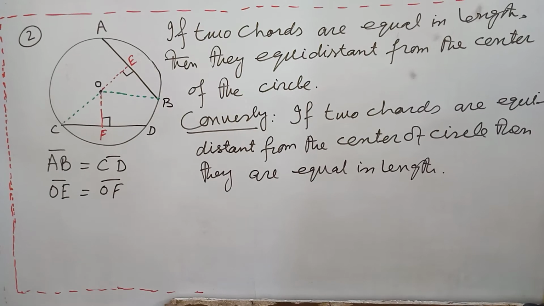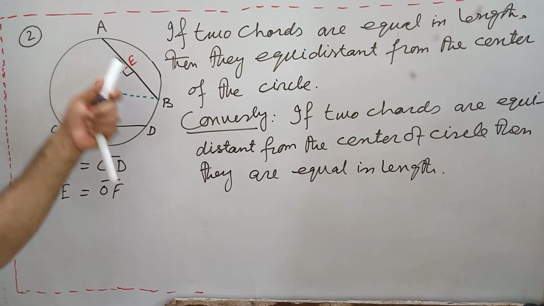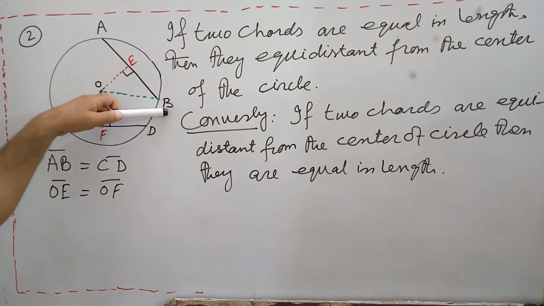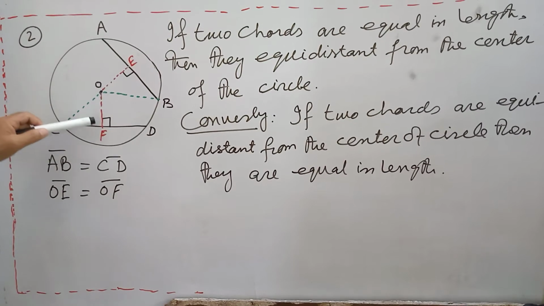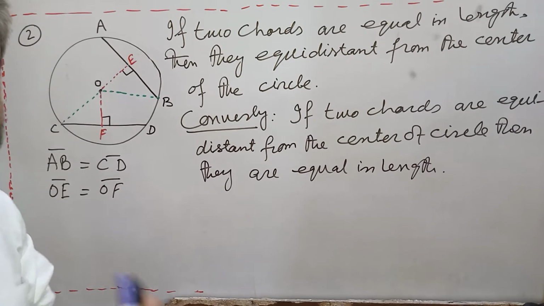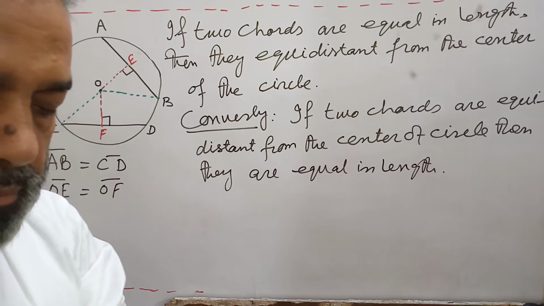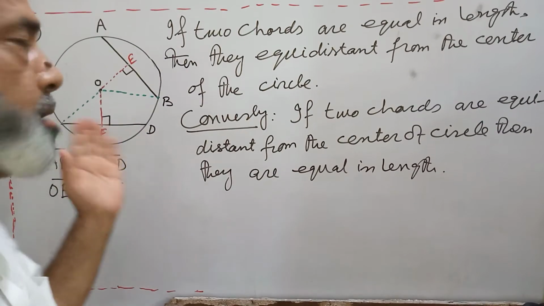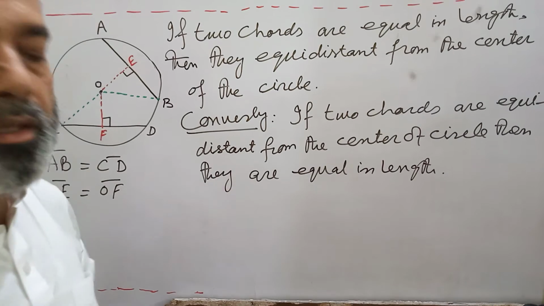We can easily find any missing value, like the length of the chord, the radius, or the distance from O to E or O to F. So by using these two properties, we can easily find the length of the chord, the radius, and the distance between the center of the circle and the chord.